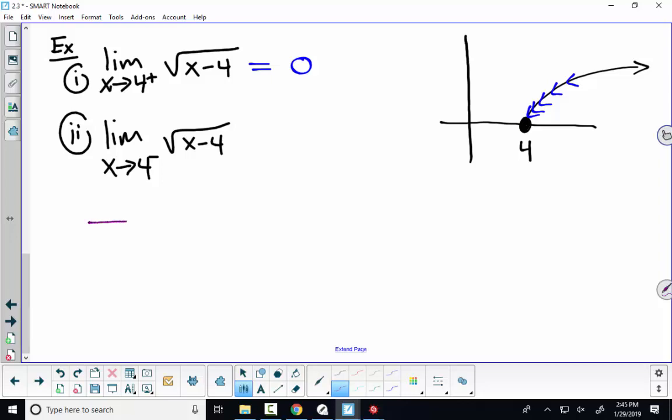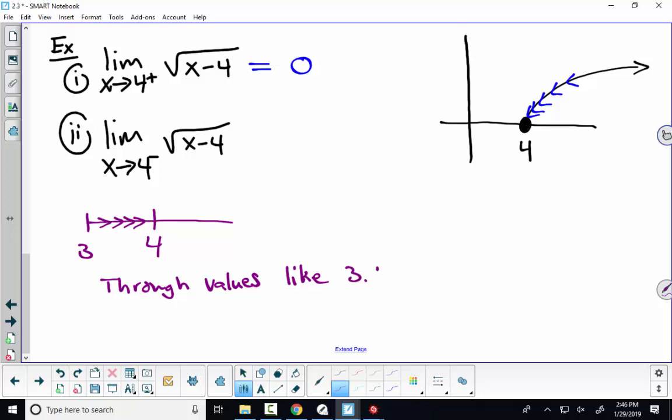But another way to look at it is, if we're approaching 4 from the left, we're approaching through values like 3.9, 3.99, etc. And any of those values to the left of 4 plugged in will cause us to take the square root of a negative number.